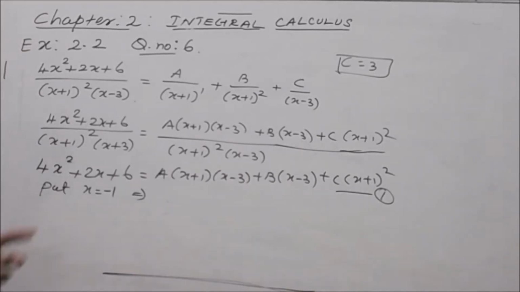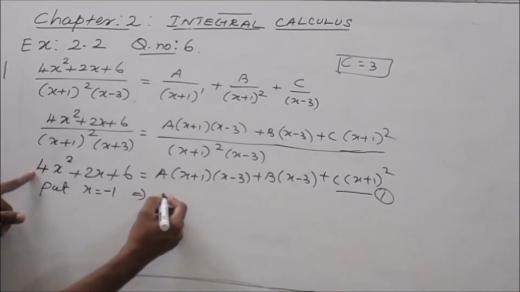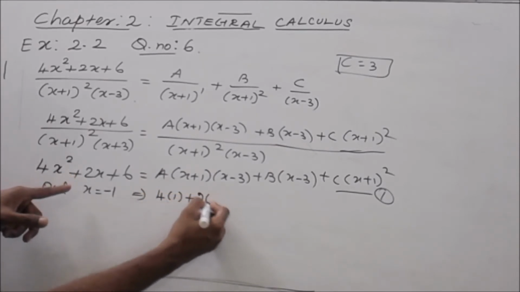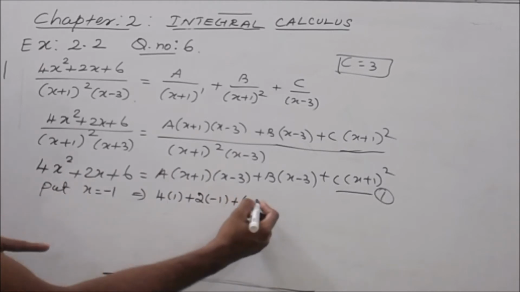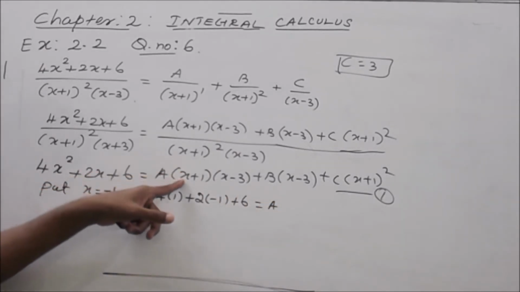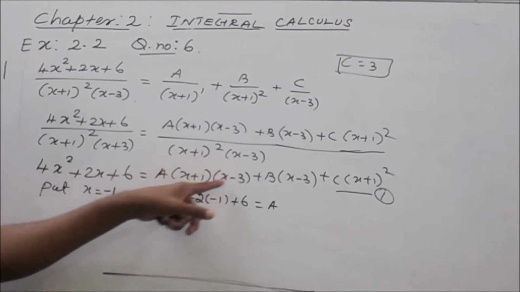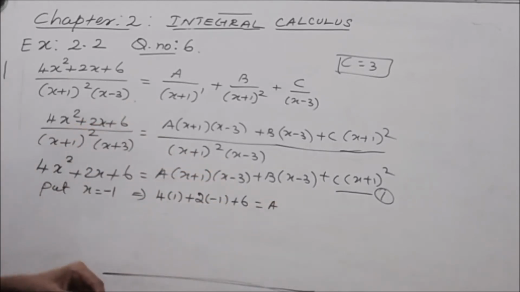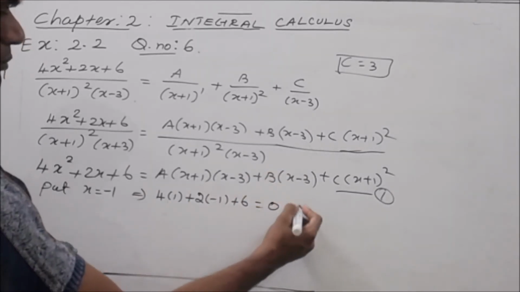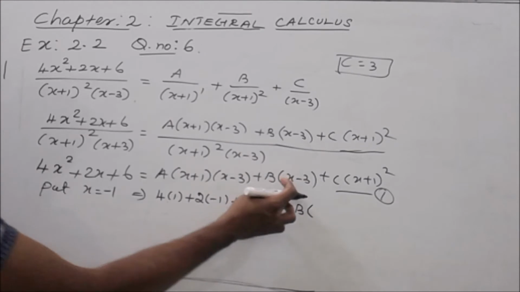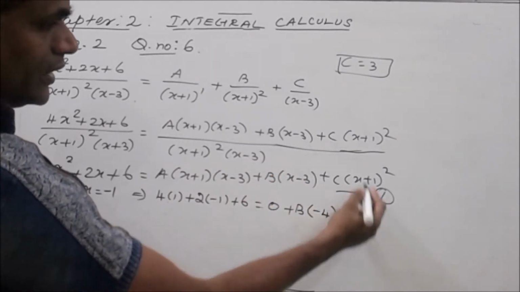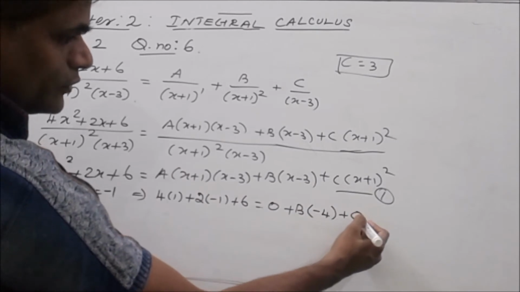When x = −1 in 1, 4 into (−1)² plus 2 into (−1) plus 6 is equal to A into 0, since the factor becomes 0, plus B into (−1 − 3), which is −4, plus C into 0.